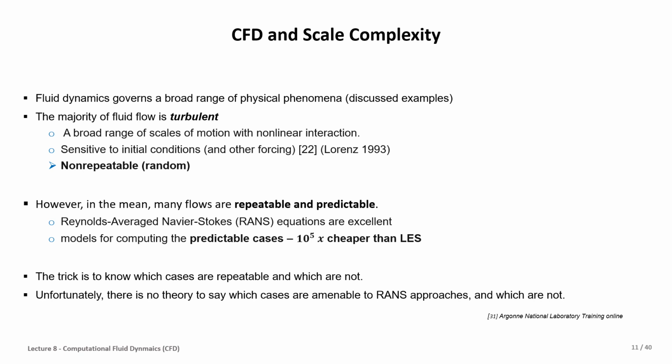However, based on this categorization of the scale, DNS is the expensive one. LES is cheaper than DNS, but it's still costly compared to RANS, and RANS is the cheapest one.